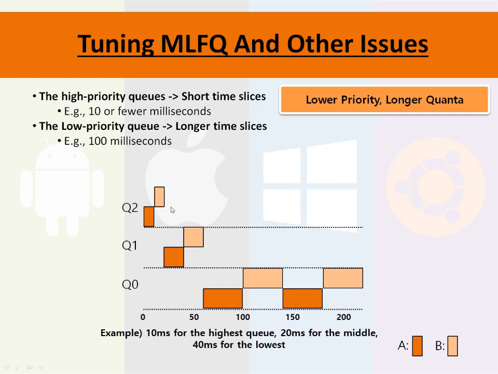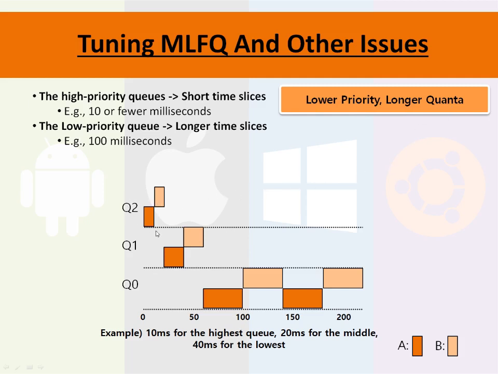So then in that case, we should have a shorter time slice for you. So this is one way of tuning MLFQ, by having varying values for the time slice length. And that can be simplified to the statement here: lower priority, longer quanta.